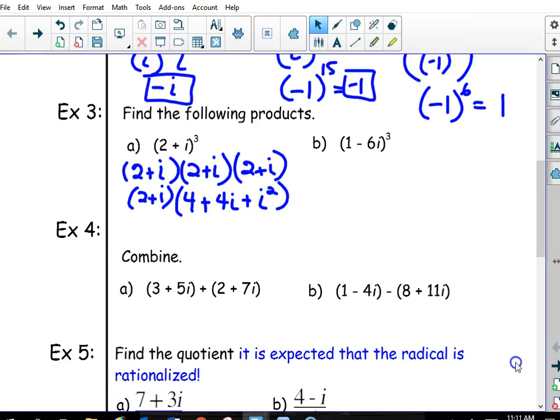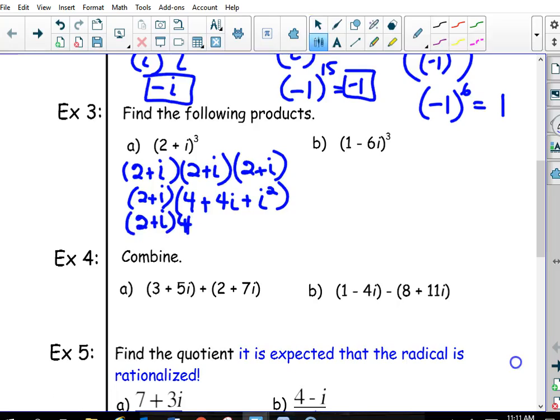So this gives me 2 plus i times 4 plus 4i, but that i squared turns into a -1. So it's 4 plus a -1, so I get a 3 plus 4i. And now I'm going to do the same thing. 2 times 3 is 6.